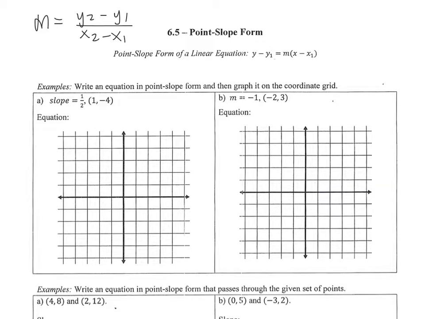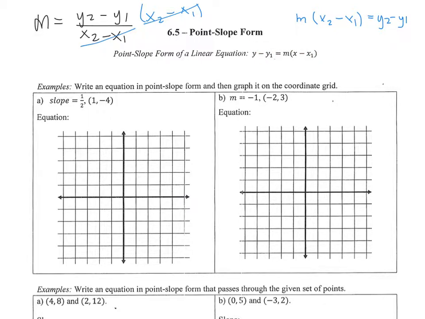If you multiply both sides by x2 minus x1, the x2 minus x1 would cancel out on the right hand side, and on the left hand side you're going to get m times the quantity x2 minus x1 equals y2 minus y1. That's essentially point-slope form right here.